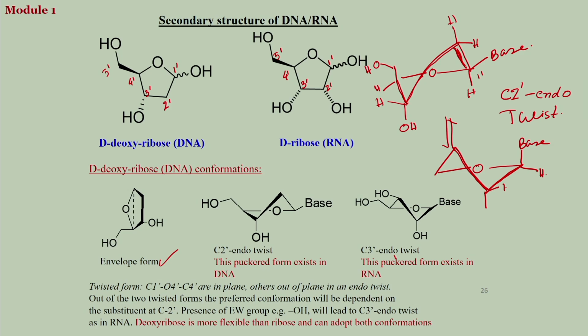Here 2 prime nothing, 3 prime you have OH down the plane. So, this is down the plane, which is equatorial, axial is H, and this is the 5 prime, up the plane is your CH2OH, down the plane is H. So, this is called C3 prime endo twist.